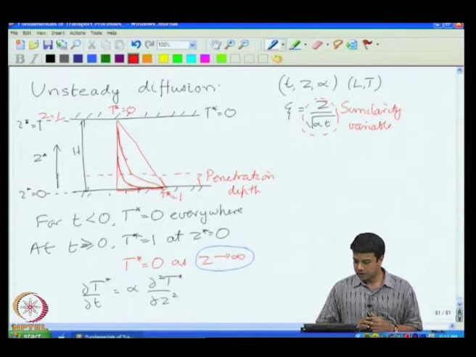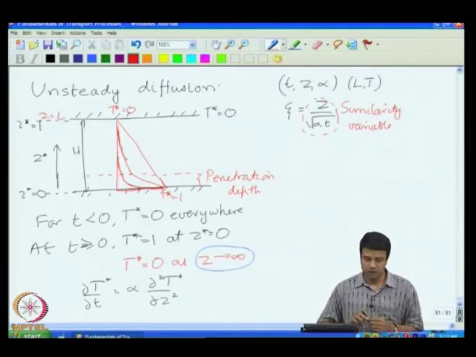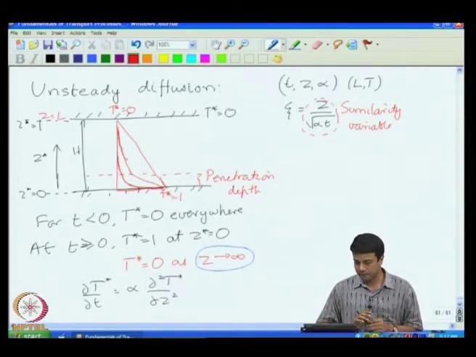That effectively reduces the problem from two independent variables z and t to just one independent variable, which is a dimensional necessity, because there are no other dimensionless groups that I can form in the problem.